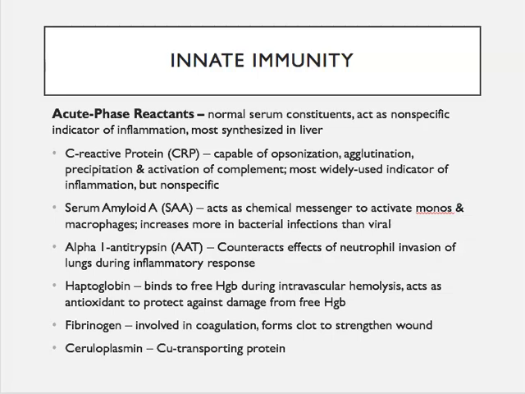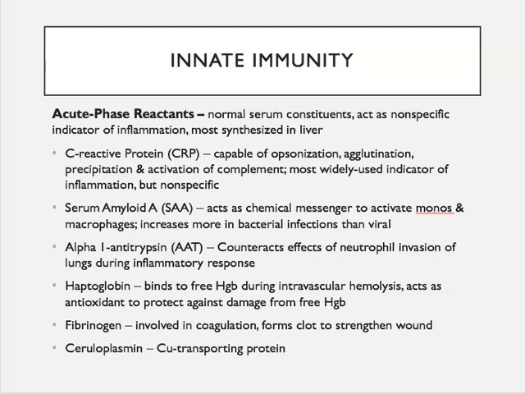So the formation of a clot creates a barrier that helps prevent the spread of microorganisms further into the body. And then, excuse me, fibrinogen makes blood more viscous and promotes aggregation of red cells and platelets. So all of this helps the clotting process and helps protect the body against the foreign pathogen.